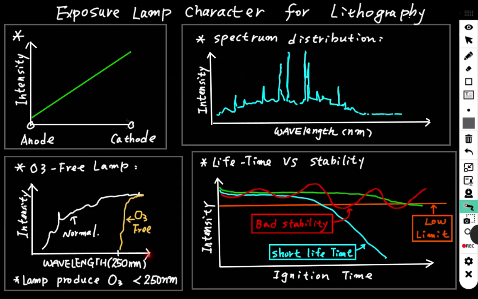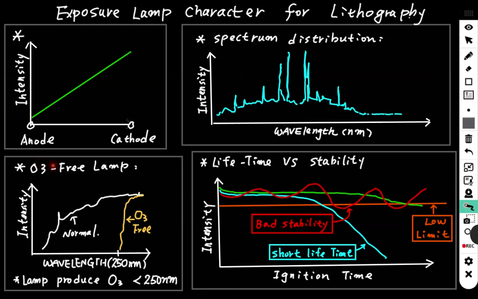So if we use this period of wavelength, the lamp will produce ozone. Too much ozone density in a sealed space will be dangerous, a hazard to the human body.